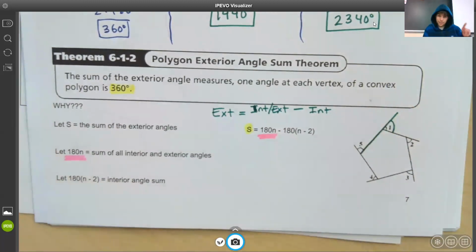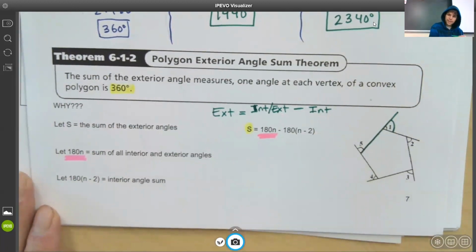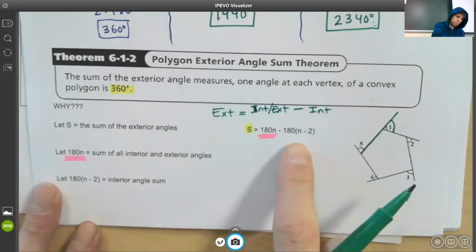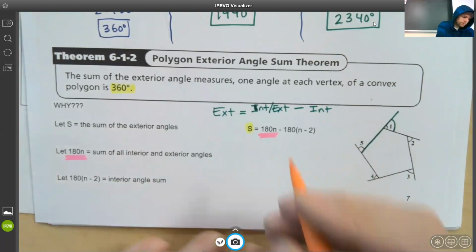And that kind of makes sense. If we have the interior and exterior and we take away the interiors, what's going to be left over? Just the exterior angles. And so by simplifying this, we will show that it has to be 360, no matter what n is. Let's run through the algebra here.